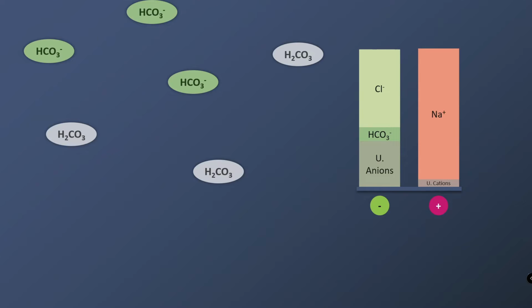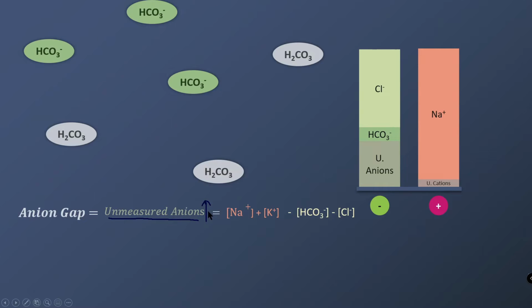So what you see in this diagram is that the conjugate base of lactic acid has increased the anion gap. Anion gap by definition is equal to unmeasured anions. So unmeasured anions have been increased, right? So the conjugate bases of organic acid are increased.